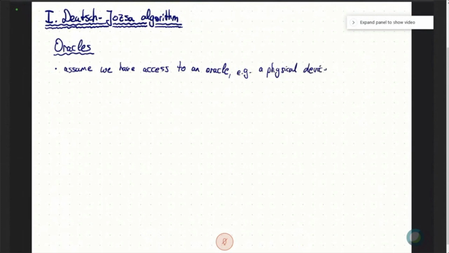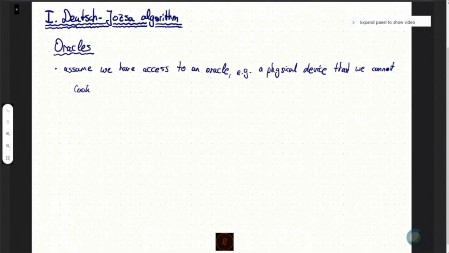We can think of it as a black box, so we cannot look inside. But it somehow performs what we want, or some parts of what we want. And we can pass some queries to it. And then it returns some answers.